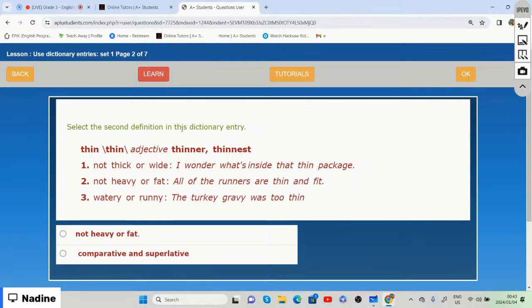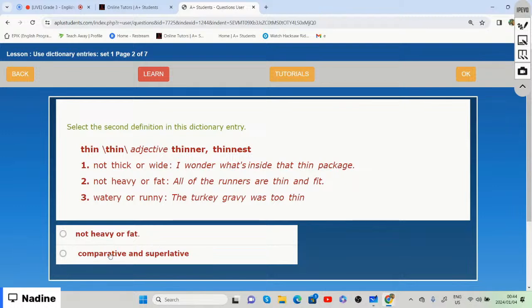Select the second definition in this entry. What is the second definition within this dictionary entry of thin? The second definition, is it not heavy or fat, or comparative and superlative? We need to select the definition. The second definition, does it mean thin? Does it mean not heavy or fat? Or does it mean comparative or superlative?